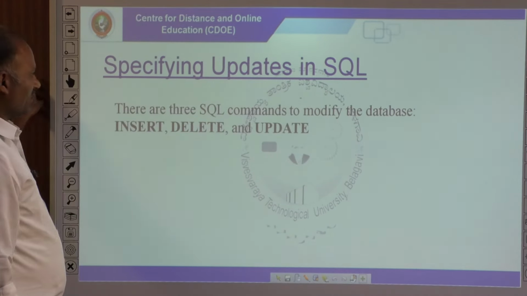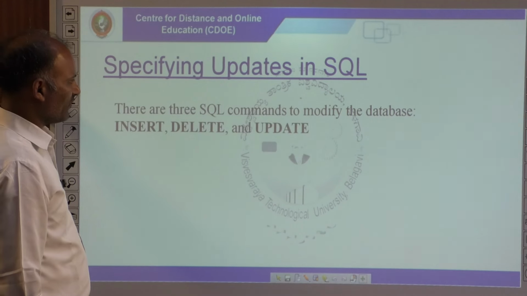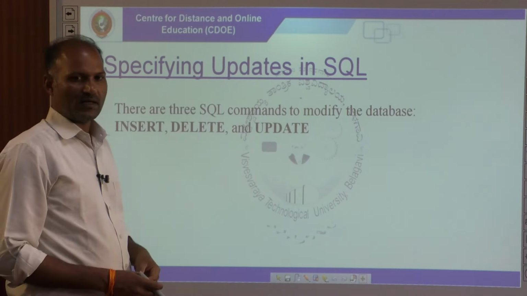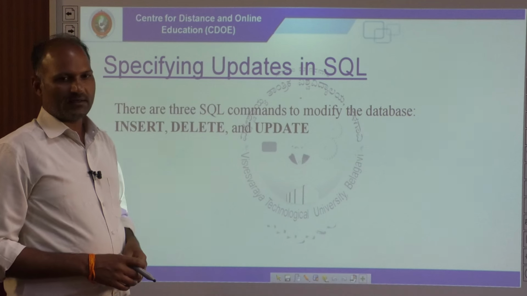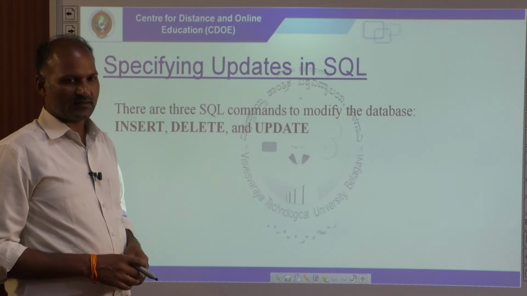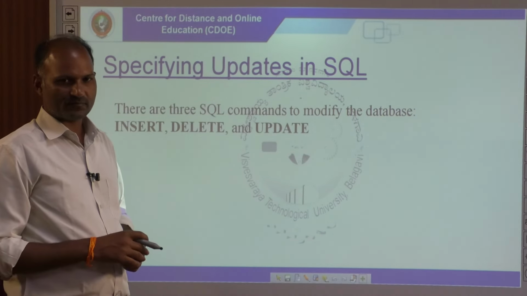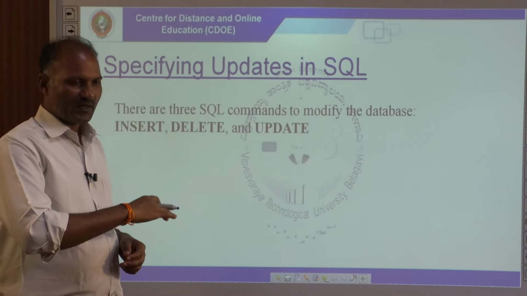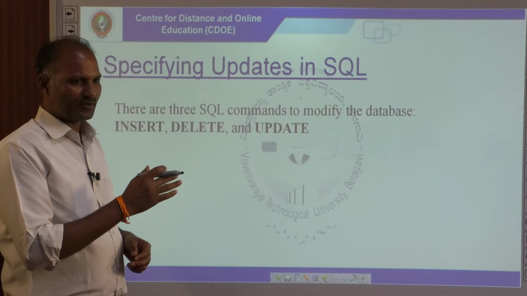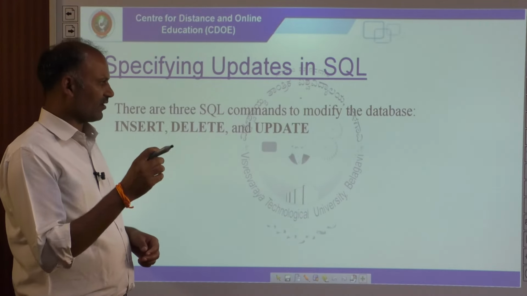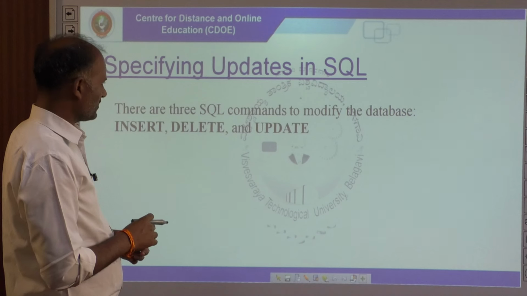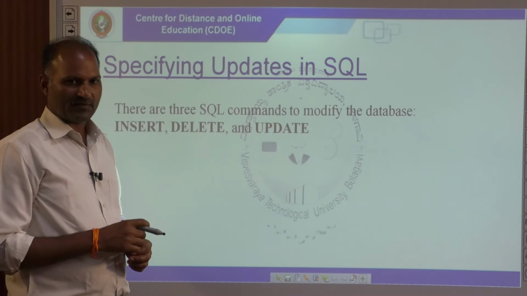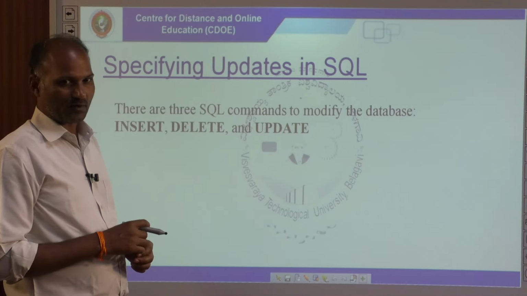There are 3 SQL commands to modify the database. As I said, the number of records present in the database may vary. The number of records present in the database at a particular point of time is called a database snapshot.